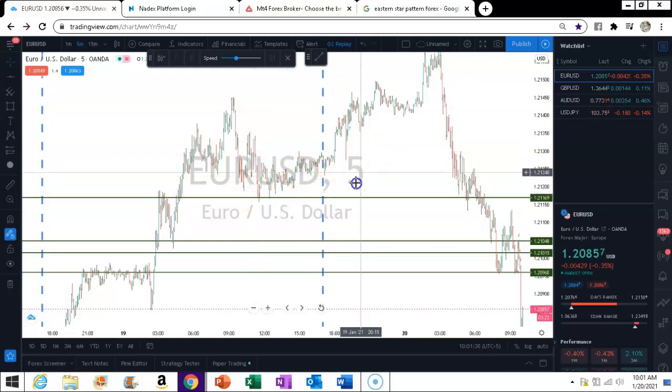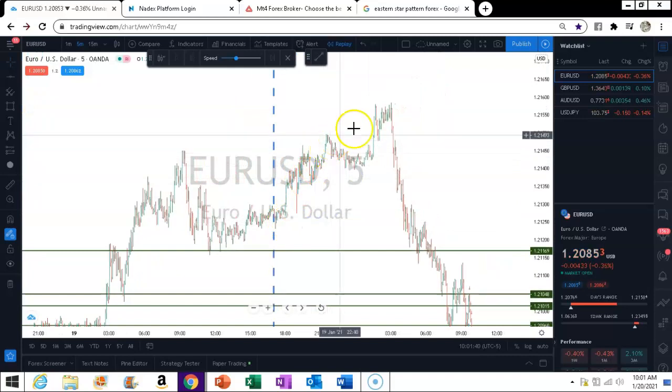So we continue up, we create a higher high, but then price makes a dump right here from this point. And then it comes to this area right here.